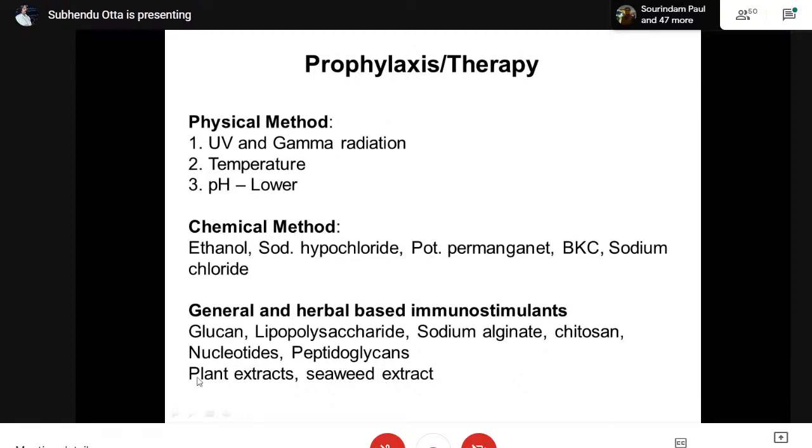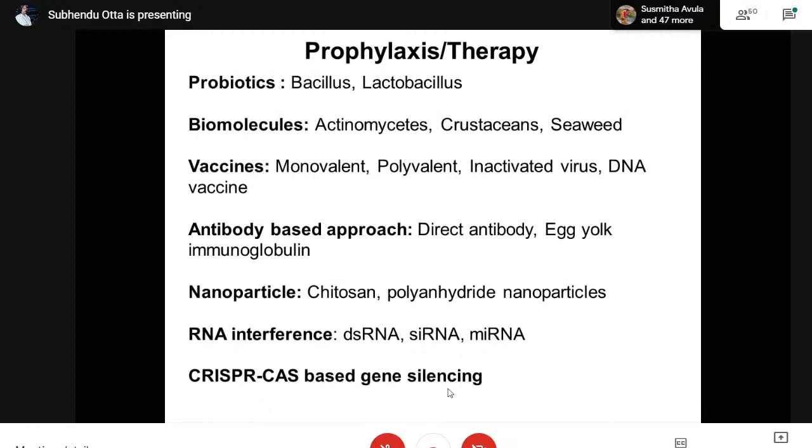A number of medicinal plants are available, and those plant extracts have also been found suitable to protect against pathogens. And many seaweed extracts and aquatic plants, particularly seaweeds, serve as general stimulants, so they stimulate the immune system and protect them. To some degree, they give protection.